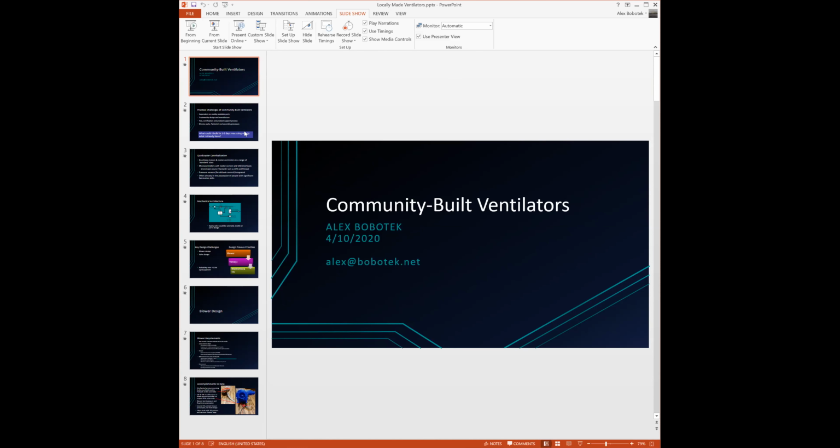Getting into the presentation now, I've tried to think about what I could do and how I could contribute. I'm not sure that the DIY or community-built model is the right one, but it's certainly one I can contribute to.